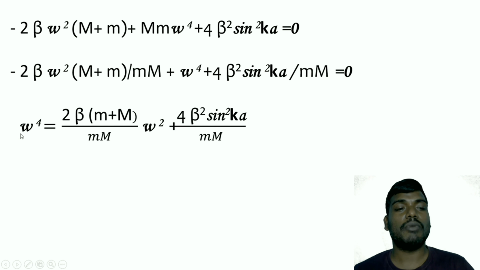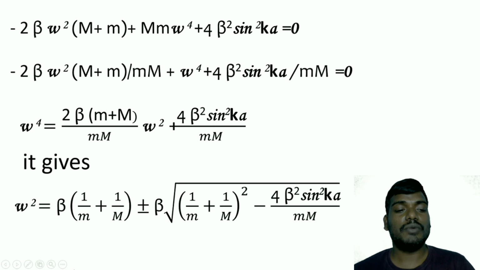Then, taking the left side value to the right side, ω⁴ = 2β (m + M)/(mM) ω² - 4β² sin² ka/(mM).